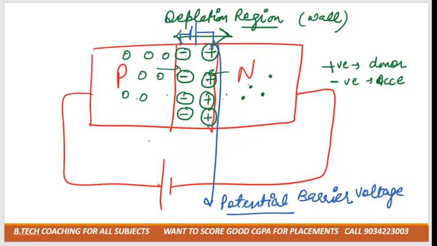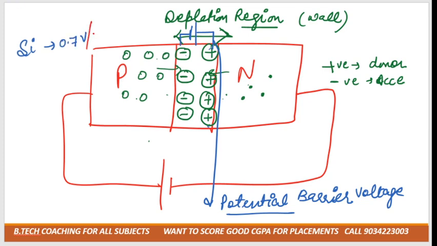So the potential barrier voltage is different for different cases. For silicon, the potential barrier voltage is 0.7 volt.